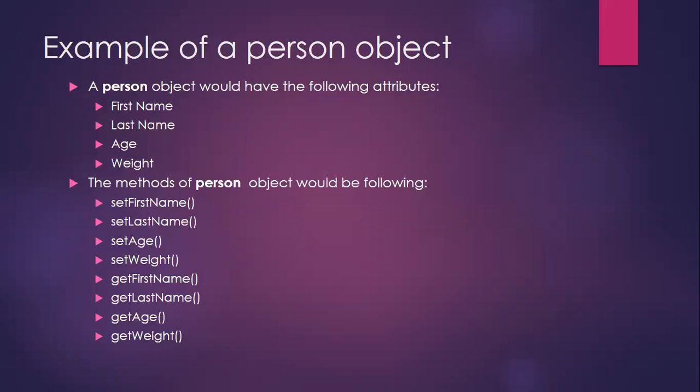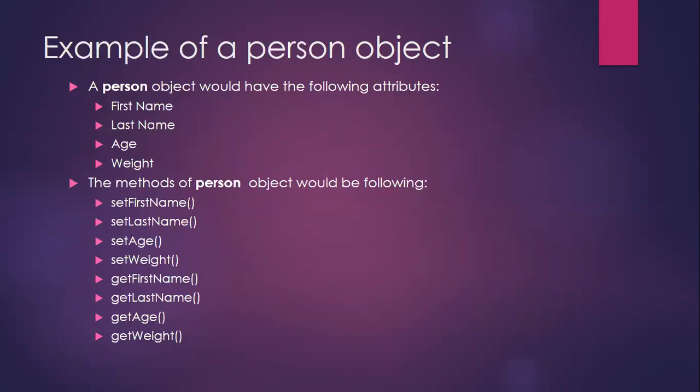So if you consider a person class, based on the person class, there can be multiple object names. Suppose someone's name is Ria. So Person Ria equals new Person. So we can say that Person is a class, and Ria is the person's name. Every human being must have a first name, last name, age and weight.